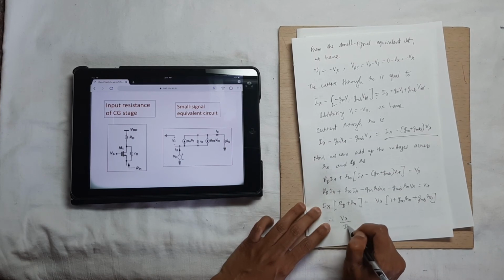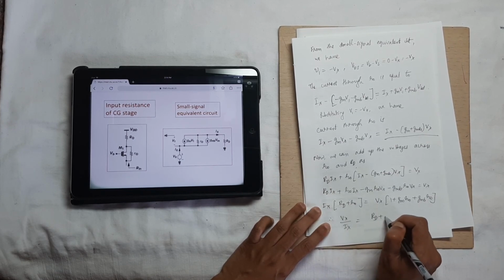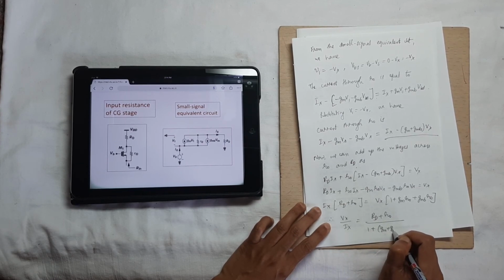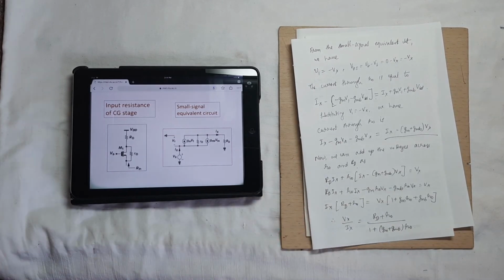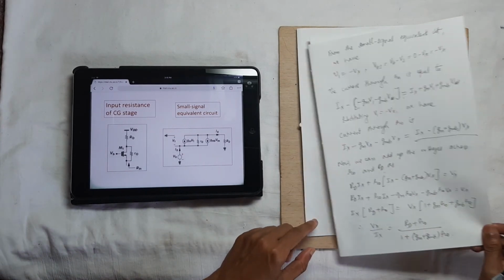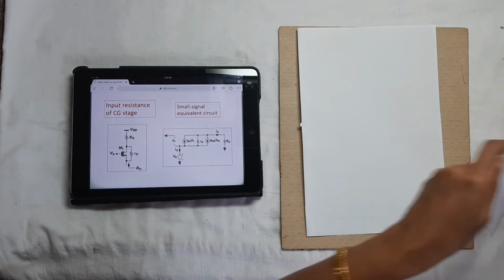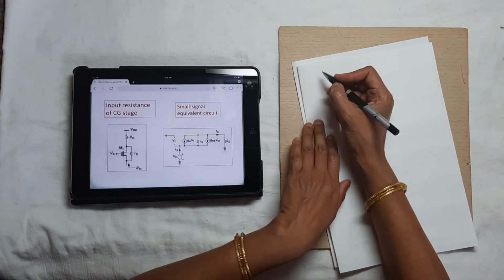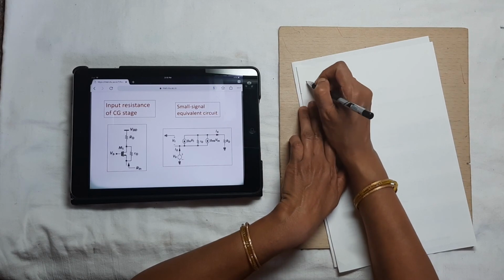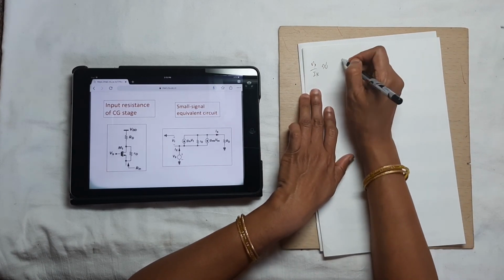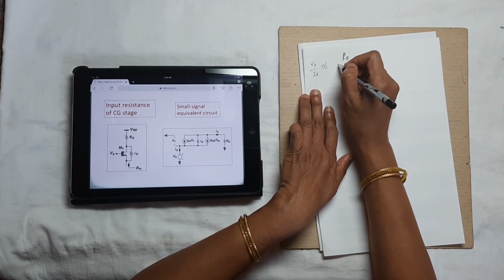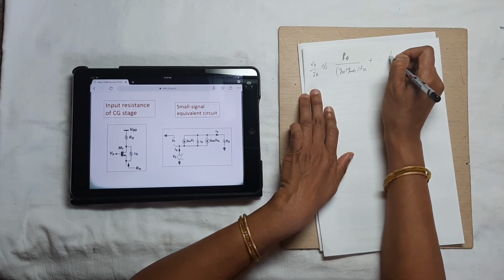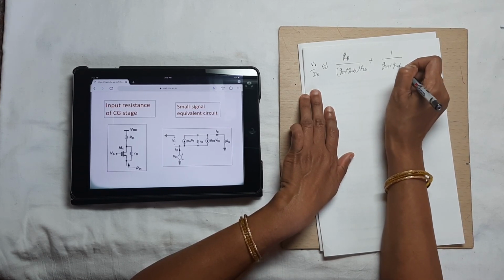Therefore, Vx by Ix equals (RD + RO) divided by 1 + (gm + gmb)RO. This expression is equivalent to, splitting it into two parts, RD divided by (gm + gmb)RO, plus 1 divided by (gm + gmb).